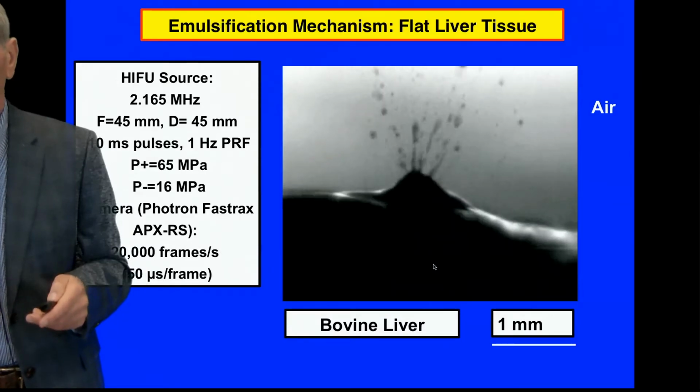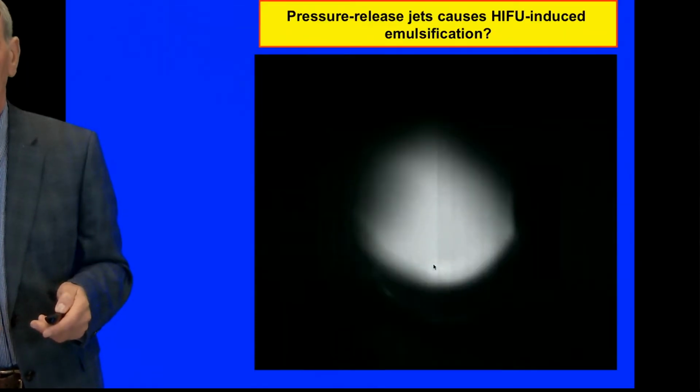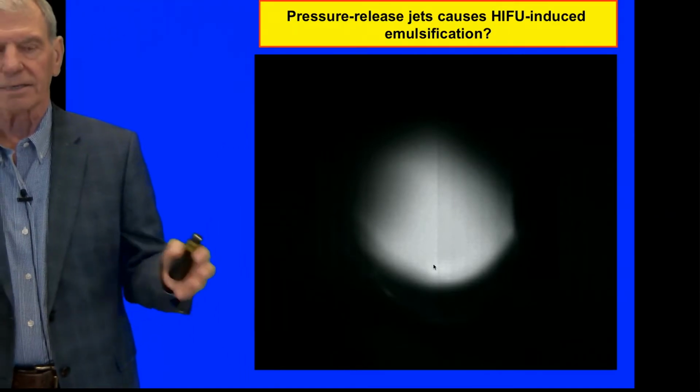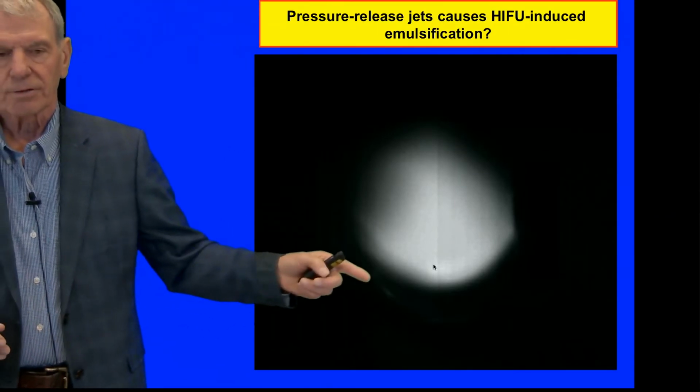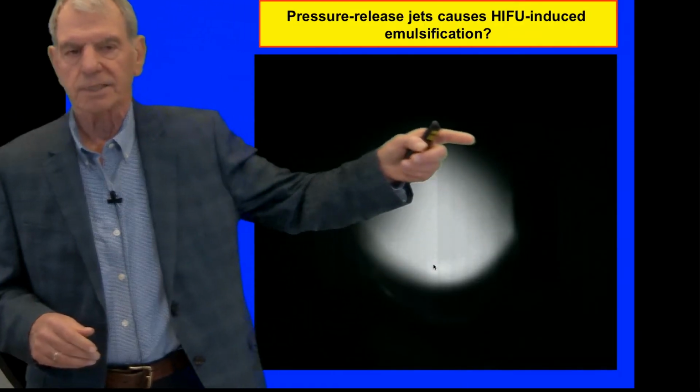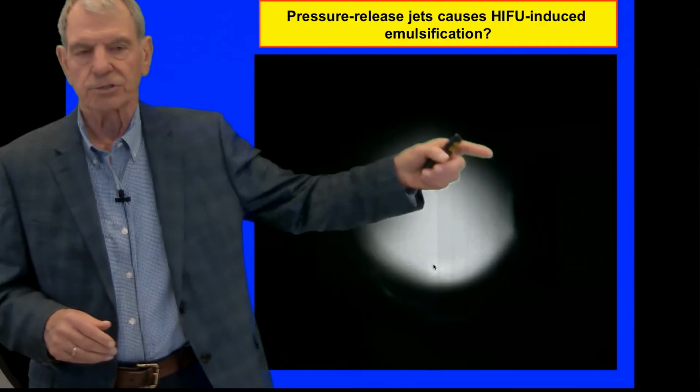Now, how can you produce this hole in tissue? Well, first of all, if you have boiling, and this shows you a hole that's cut into liver tissue.